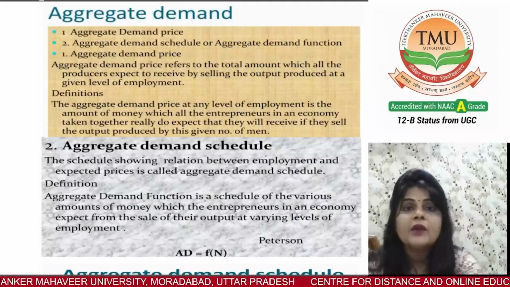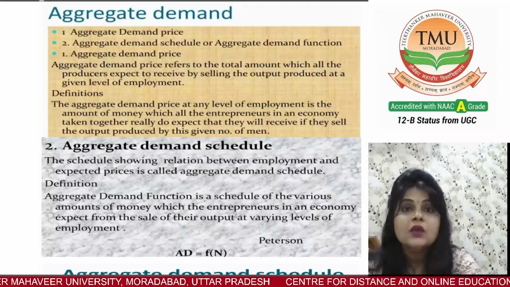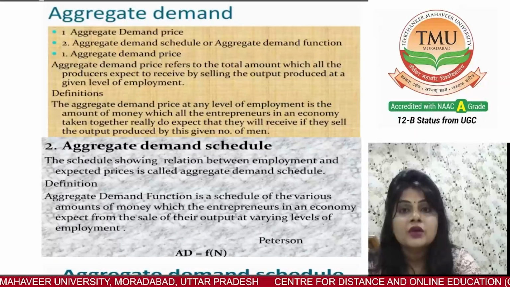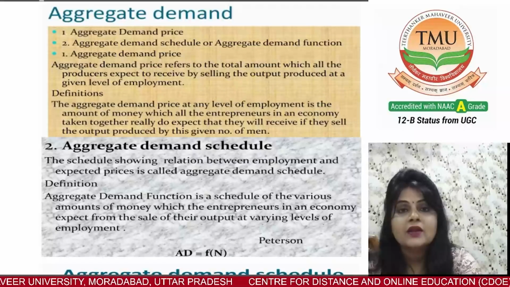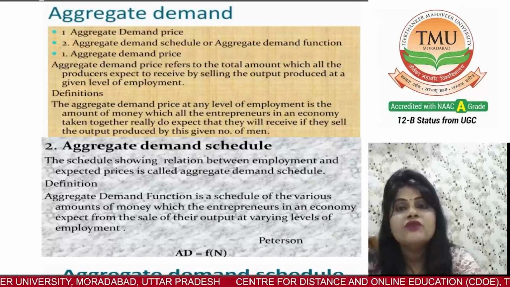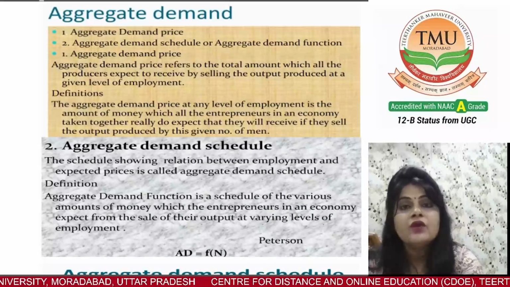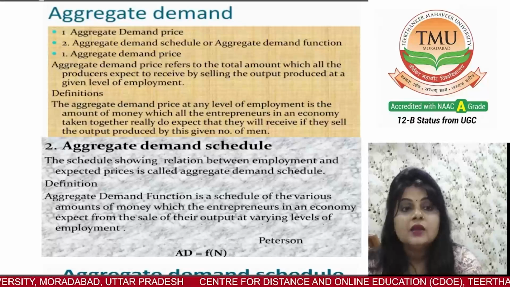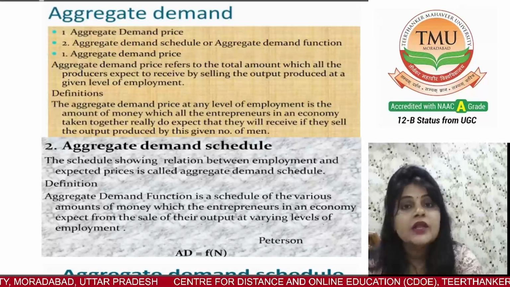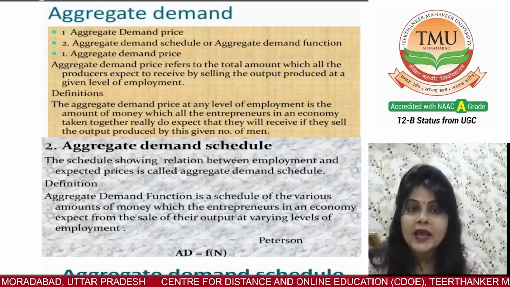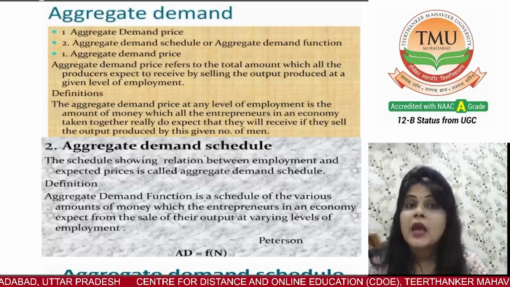The aggregate demand price at any level of employment is the amount of money which all entrepreneurs in an economy taken together expect that they will receive if they sell the output produced by this given number of men. The schedule showing the relationship between employment and expected price is called the aggregate demand schedule.